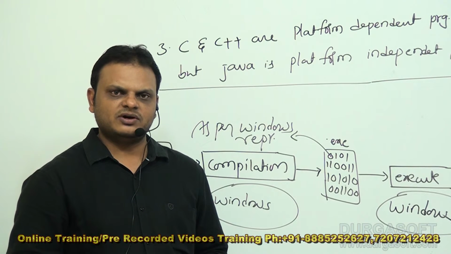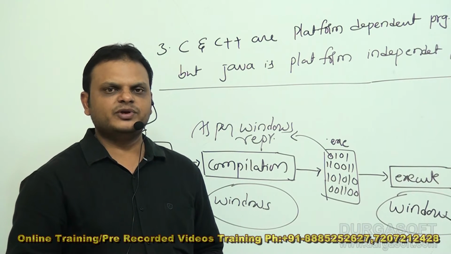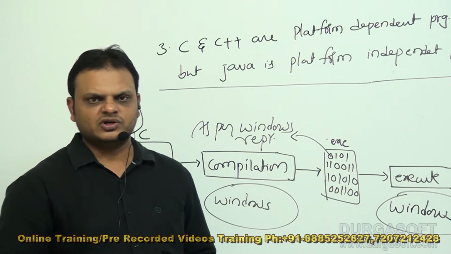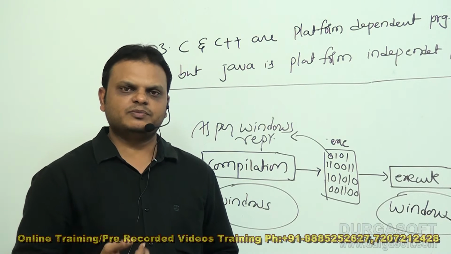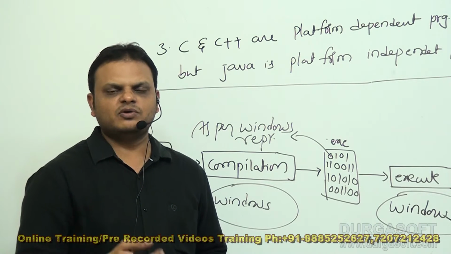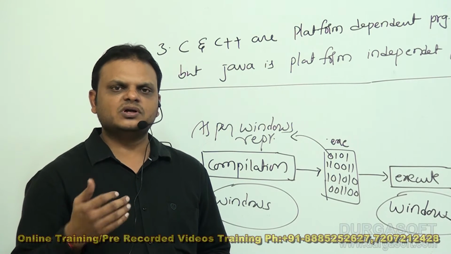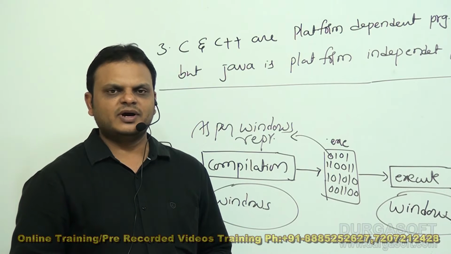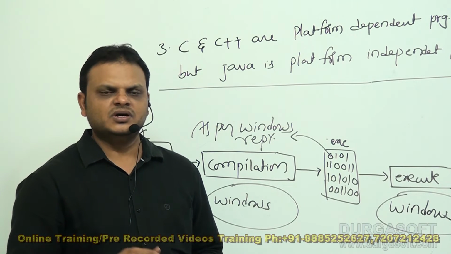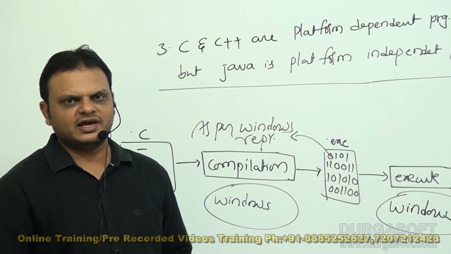The best example is Java. Java is a platform independent programming language. Why? Because Java allows its applications to compile on one operating system and to execute on another operating system. So by this we can conclude Java is a platform independent programming language.